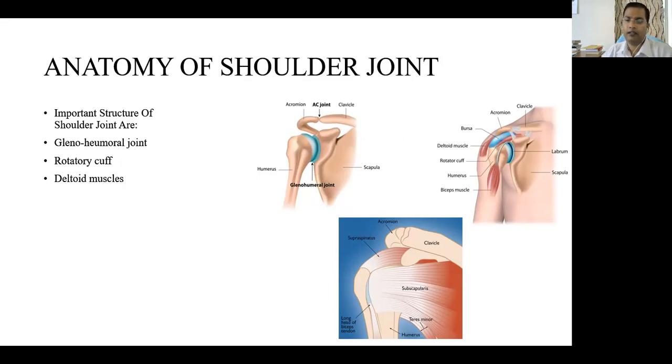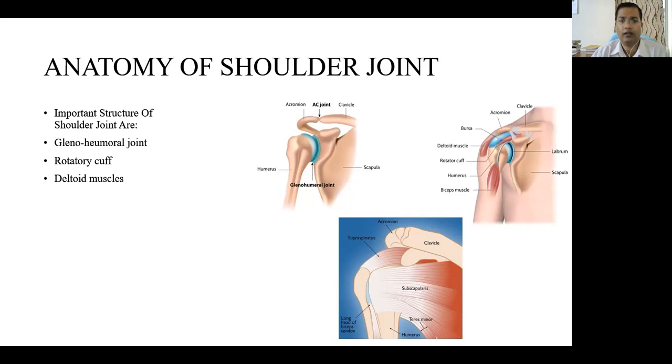And the next important structure is called the rotator cuff. You may have heard many times about rupture of the rotator cuff, the tearing of the rotator cuff. So the rotator cuff is not a single structure, but a compound structure made of different muscles and tendons, which cover the shoulder joint and maintain the humeral head inside the glenoid cavity.